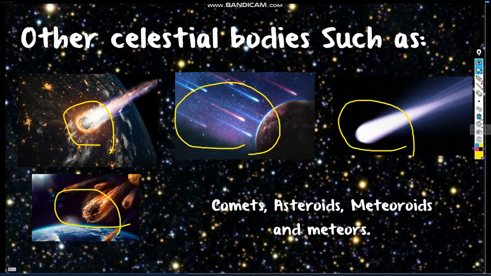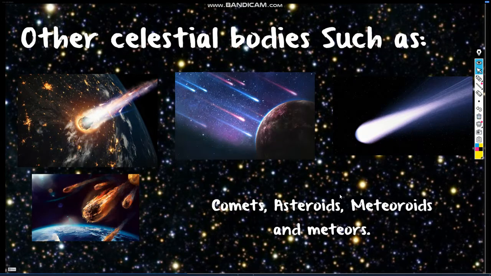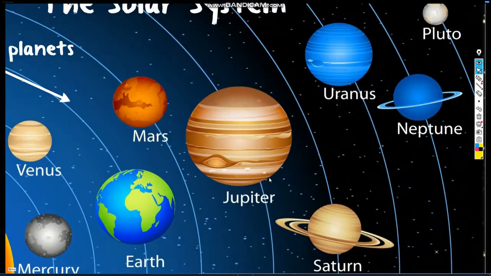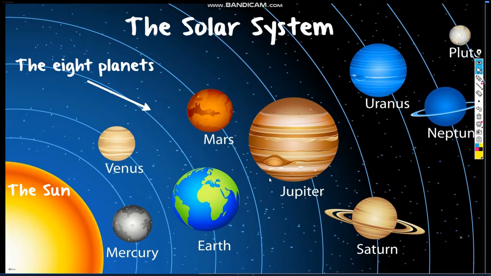They exist in the solar system in outer space. So let's learn about each one of these things that exist in the solar system.